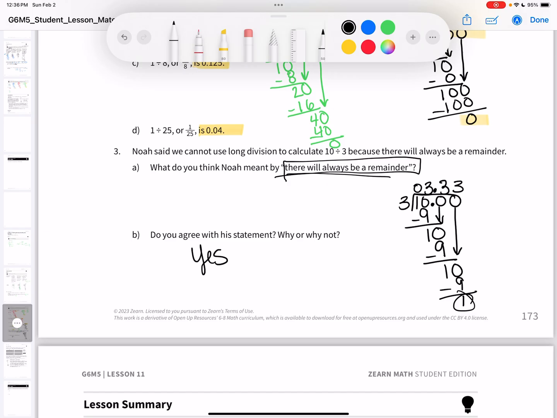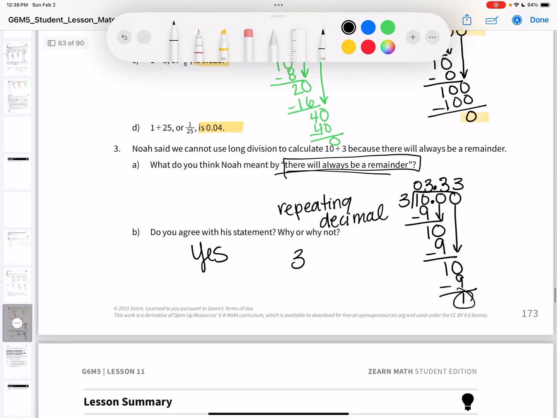Yes. So this is what we call a repeating decimal. And a lot of the times we will write repeating decimals like this: 3 and 3/10 repeated. Okay, that's what that bar means over a number, that number gets repeated over and over and over again.